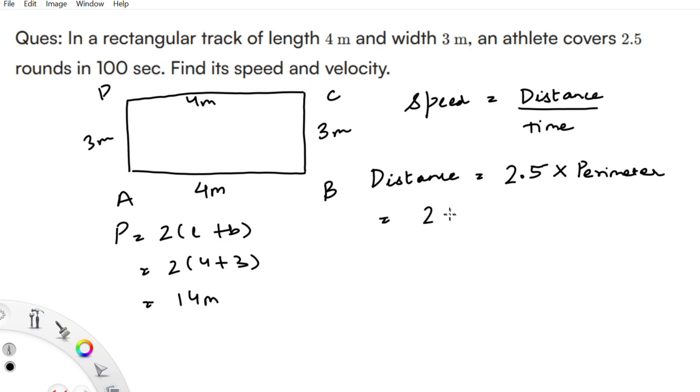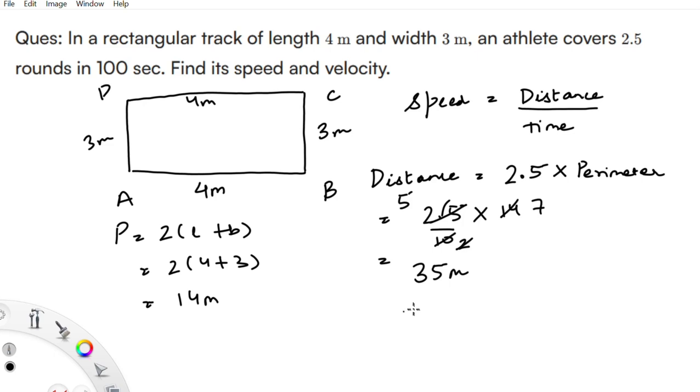So the distance in case of 2.5 rounds will be 2.5 into 14, and let's do the math. So 5 times 2 is 10, 5 times 5 is 25, 2 times 7 is 14, 5 into 7 is 35. So the athlete has basically covered a distance of 35 meters in 2.5 rounds.